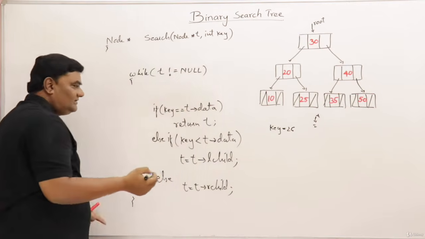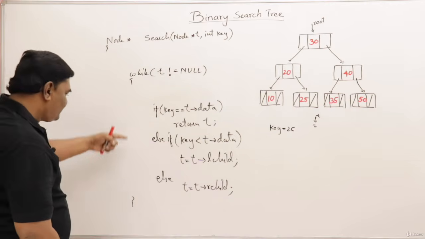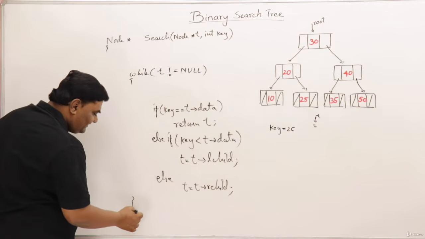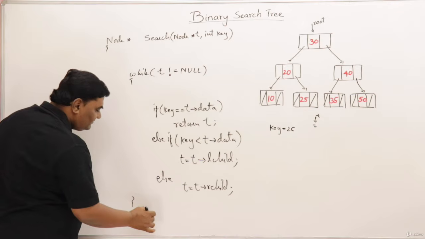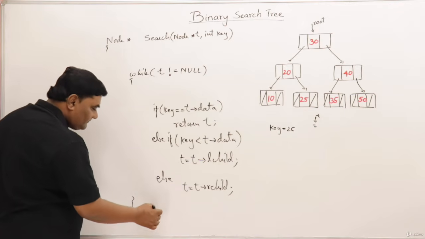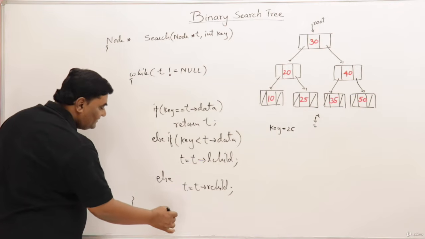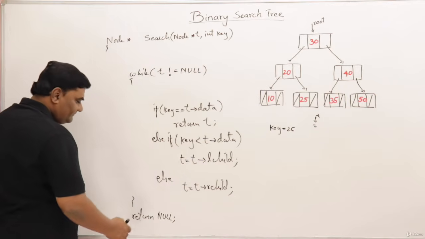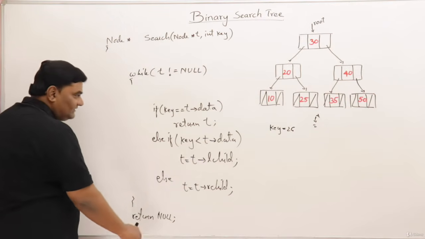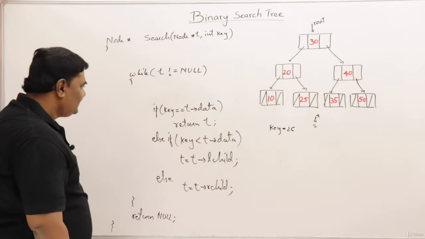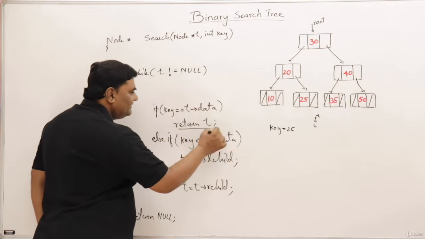If t becomes null, then stop. When you come out of the loop, return null. It returns null when the key is not found. If the key is found, it will return inside the loop.